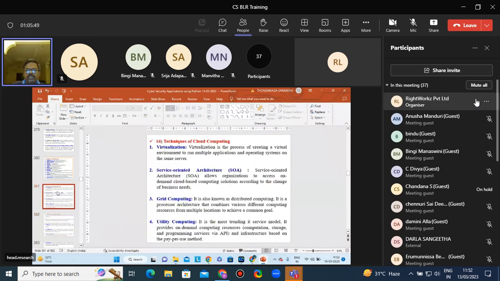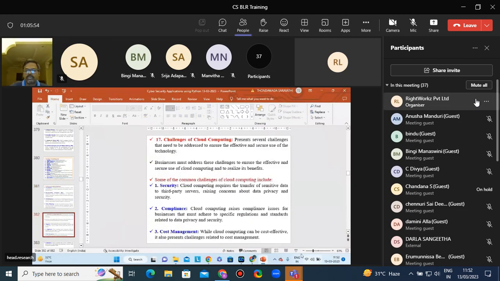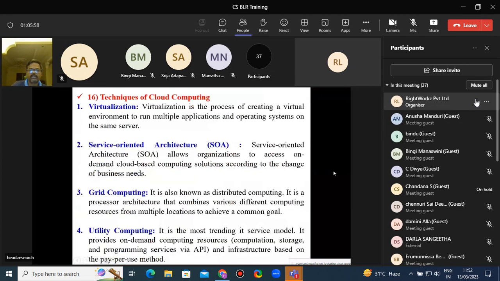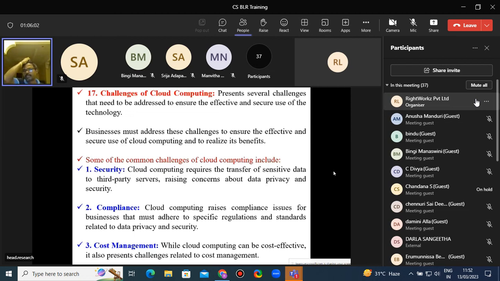So techniques I have explained. Now go to challenges of cloud computing. So what are the challenges of cloud computing?